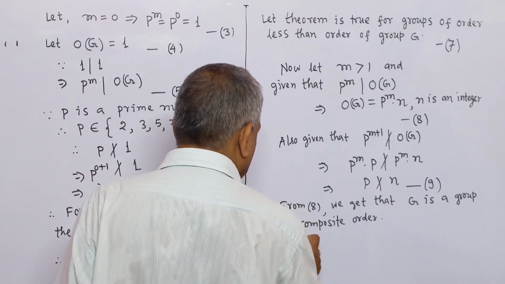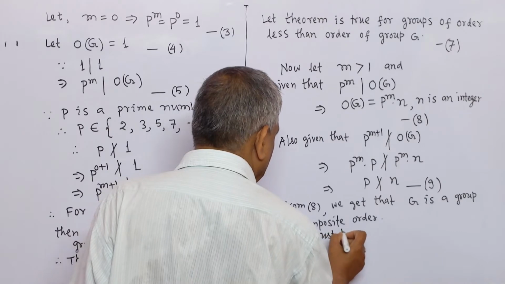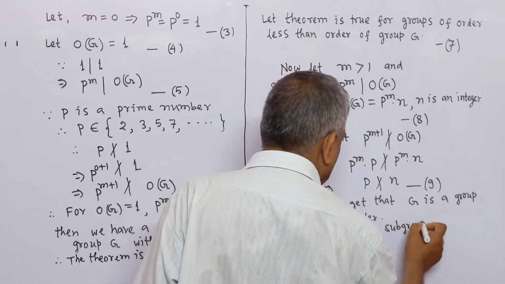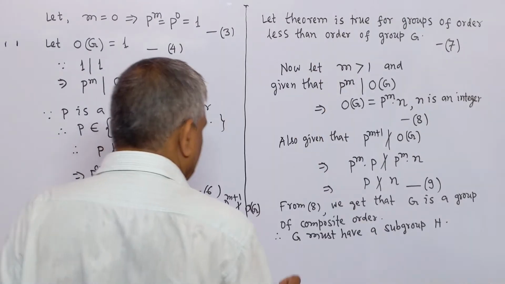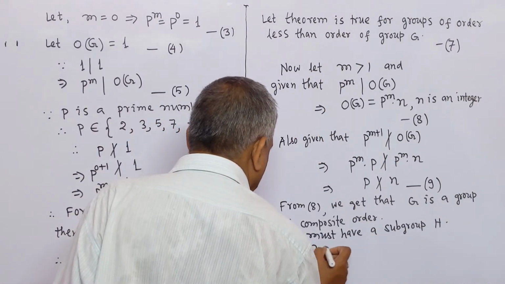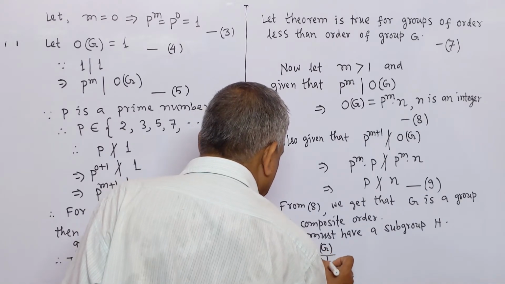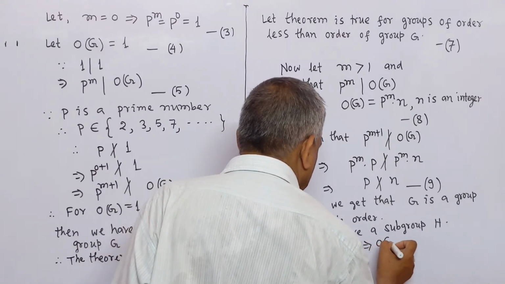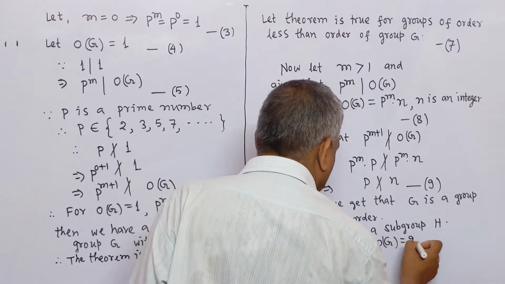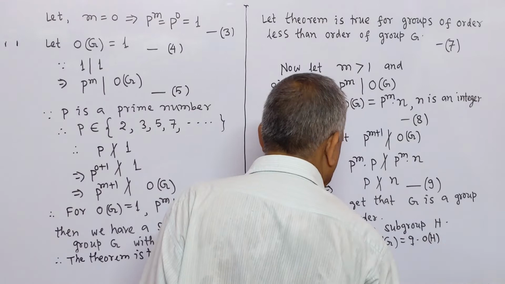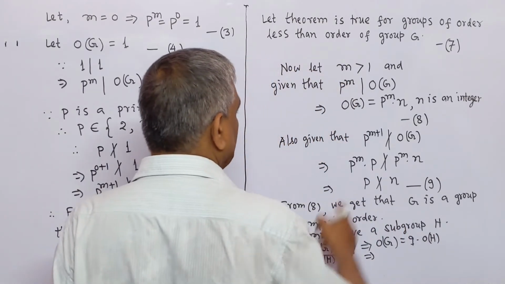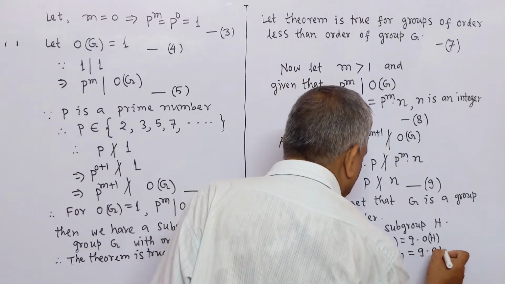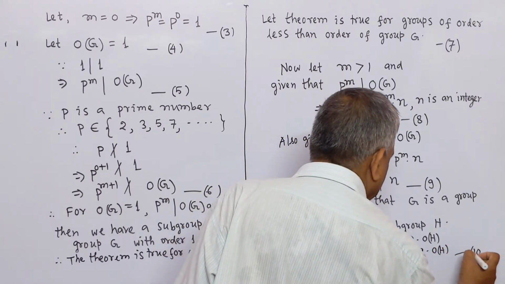Therefore, G must have a subgroup H. Let order of G by order of H equal to q, implies that order of G equal to q multiply order of H, implies that order of G is P to the power m multiply n equal to q multiply order of H. Let this is number 10.